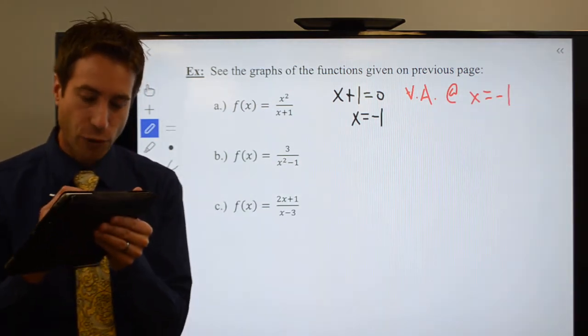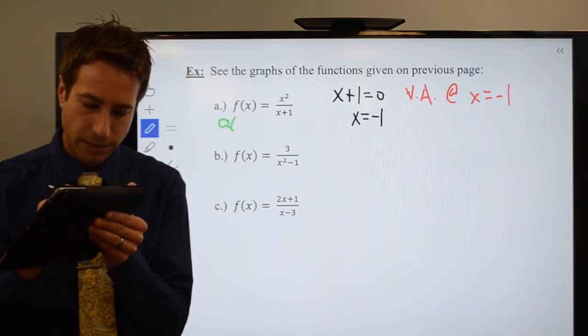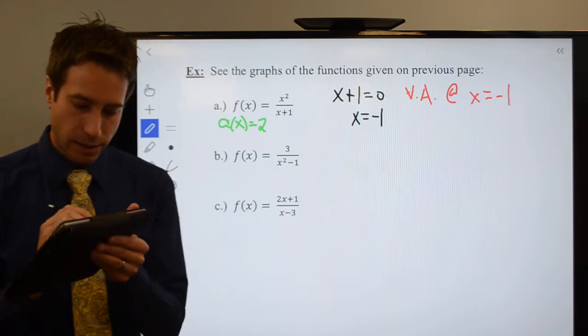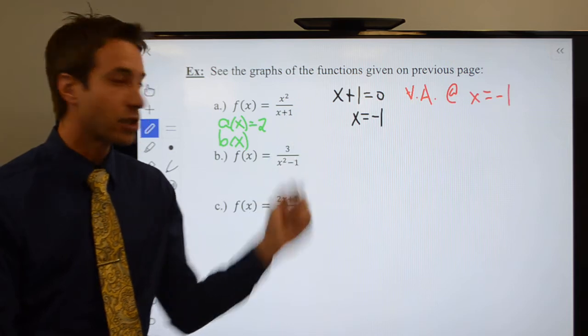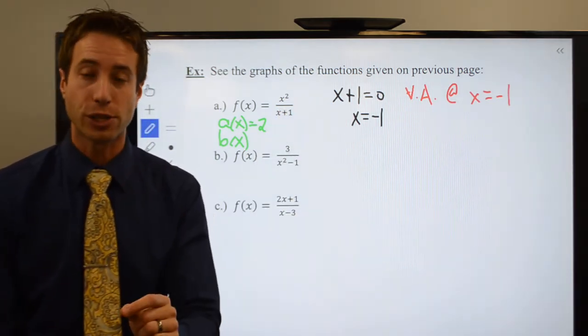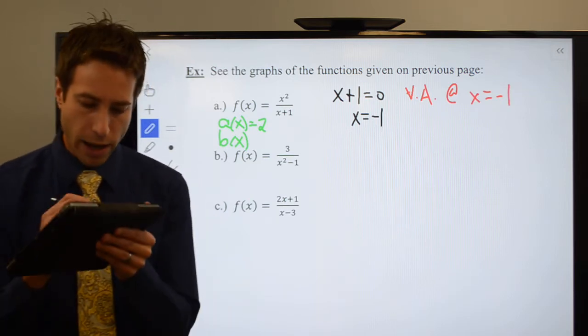Let me write that down for you. Remember, a of x is the polynomial on the top, so a of x is degree 2. B of x is the polynomial in the bottom. Well, I have an x plus 1. That x is to the first power, that is the largest power, and so the degree of the bottom polynomial is 1.